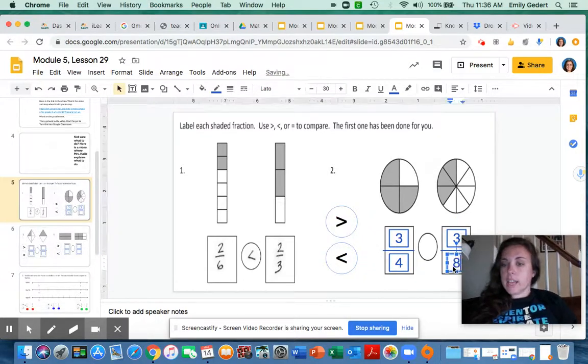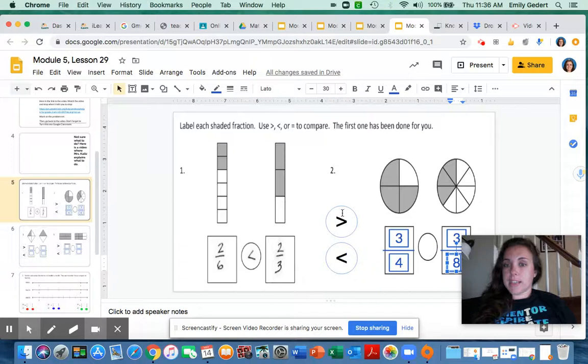And then looking at that picture, I can see that this first picture has more shaded in than this picture. So I need to use the greater than sign. I want the hungry alligator mouth to be open to this first one. So I'm going to come over here and grab the greater than symbol. You want to make it so that your cursor is not the arrow anymore, but is the 4-pointed arrow.